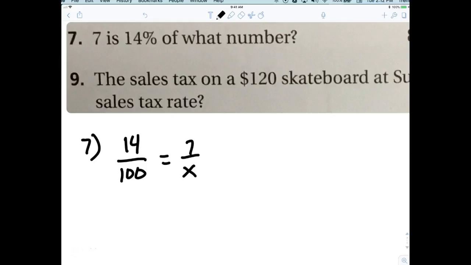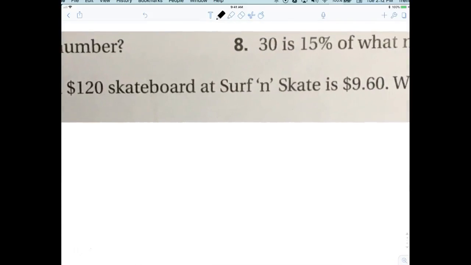That's very good. What happened? Right? Is that a percent or is that a number? Number. Very important, guys. I want help with number 8 now.